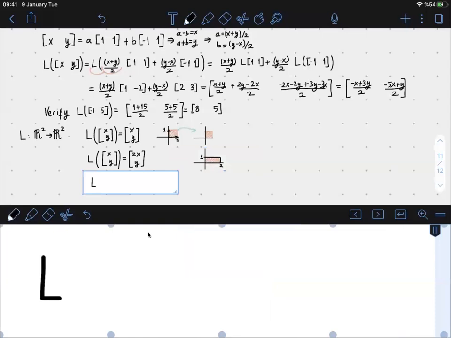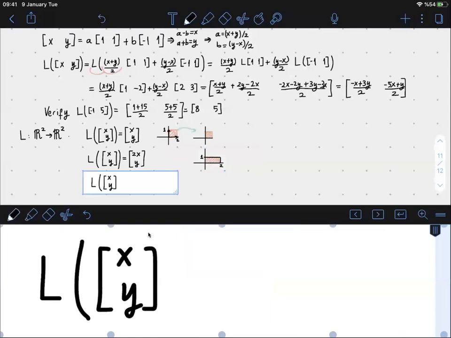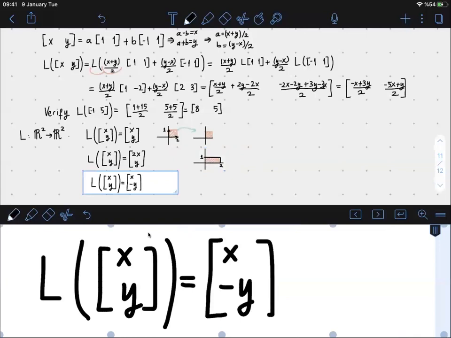For example, suppose it takes x and y, and it sends it to x and minus y. So how does this transformation work?